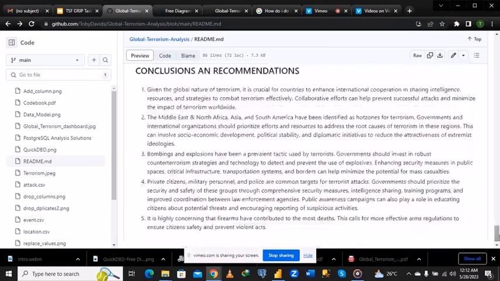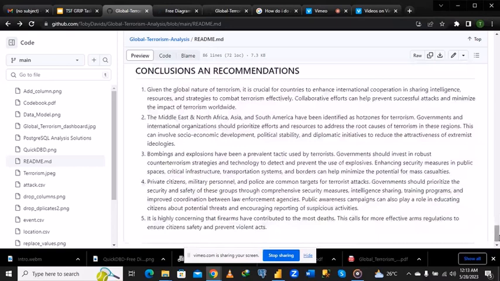Alright, number 1, given the global nature of terrorism, it is crucial for countries to enhance international cooperation in sharing intelligence, resources, and strategies to combat terrorism effectively. Collaborative efforts can help prevent successful attacks and minimize the impact of terrorism.